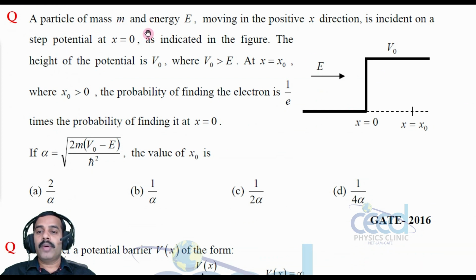Now let us come to another question. A particle of mass m and energy E moving in the positive x direction is incident on a step potential at x equal to 0, as indicated in the figure.